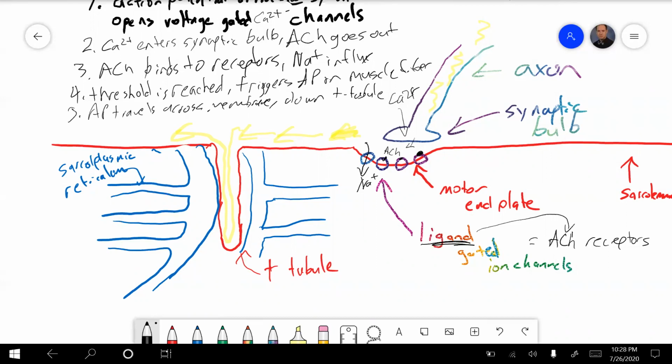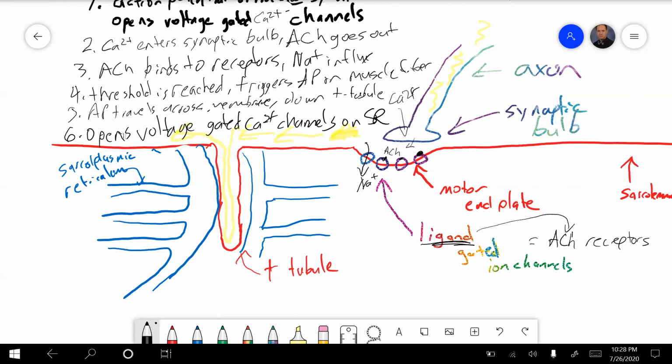Now when it goes down that T-tubule, it's touching that sarcoplasmic reticulum. And they're always found in groups of 3 like that, 1, 2, 3. And as the action potential goes down that T-tubule, it opens voltage-gated calcium channels on the sarcoplasmic reticulum.